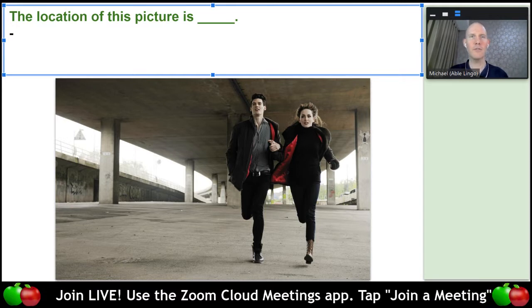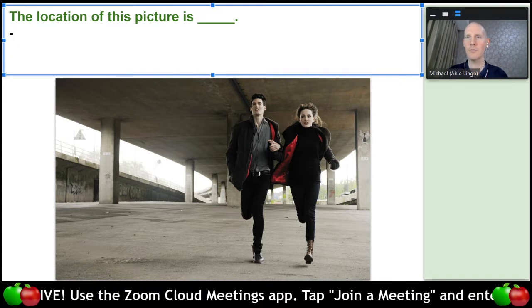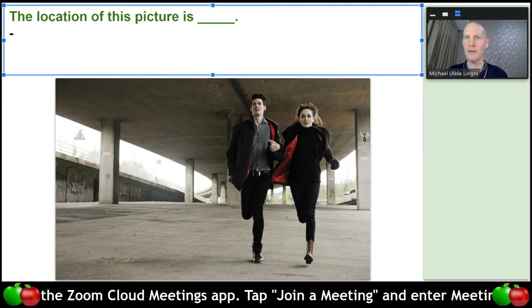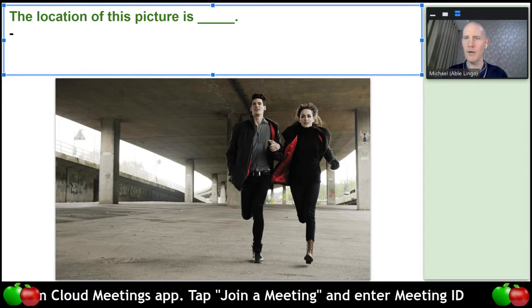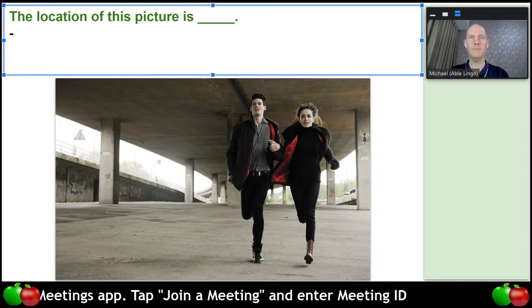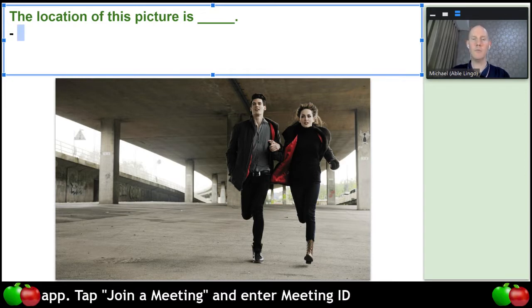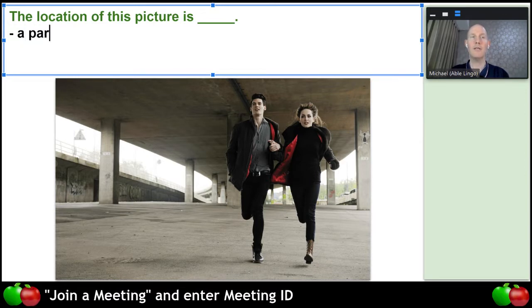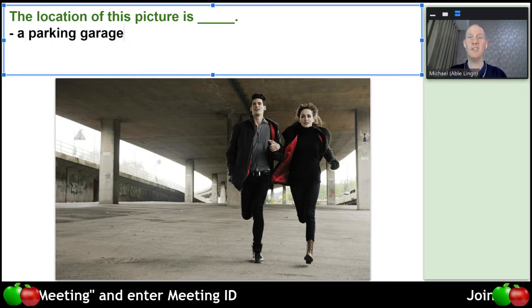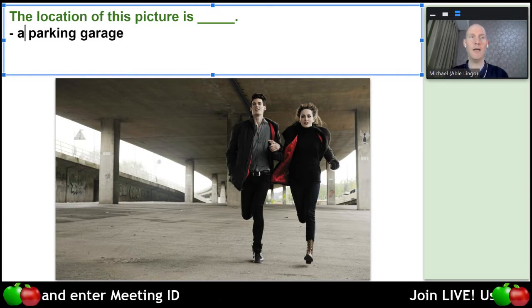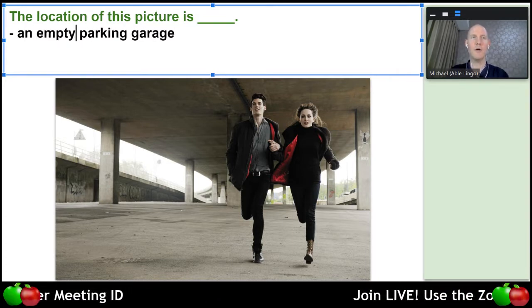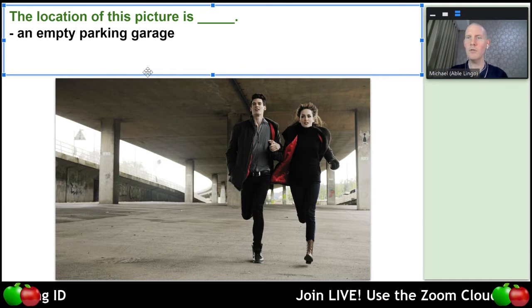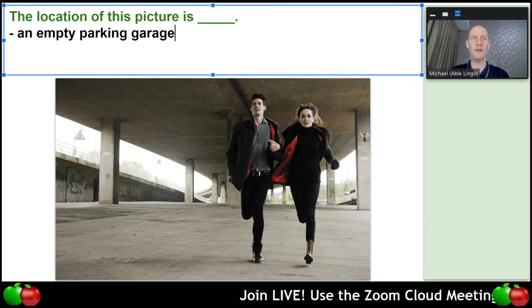Okay, so location of this picture. What do we have people saying? In the comments, they're saying a garage, a parking lot. Well, there's a couple different options. We could say it's a parking garage, right? Maybe it's an empty parking garage. See, Maduline Hulali says under a bridge.